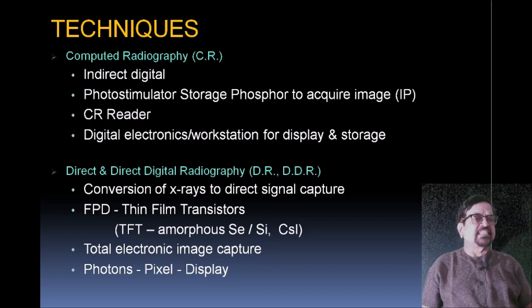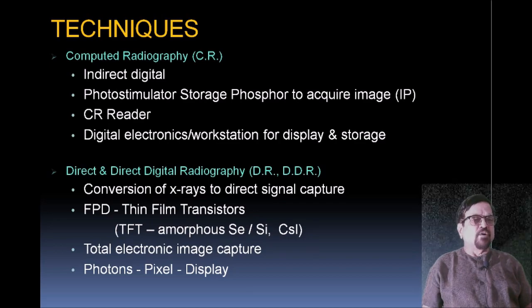So first the X-rays are converted into a direct digital signal. That is the first stage. Now there are thin film transistors. What do these thin film transistors do?